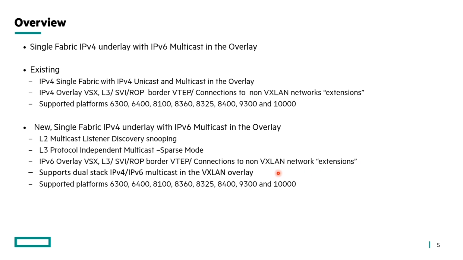So this now means that we're supporting dual stack, both IPv4 and IPv6 multicast in the VXLAN overlay. And the platforms we are supporting are the same as we were supporting in existing: the 6300, 6400, 8100, 8360, 8325, 8400, 9300 and the 10000.